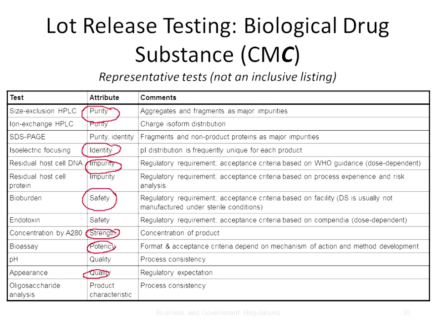Okay. So for example, pH is a quality attribute, whereas this HPLC testing is usually a purity attribute. And isoelectric focusing may be an identity attribute. Okay, so these are all different types of tests that you need to submit for each.